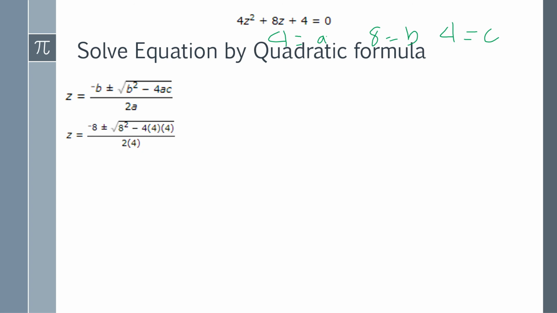And we are just putting the numbers in the correct places in each part of the formula. Then we went from there.